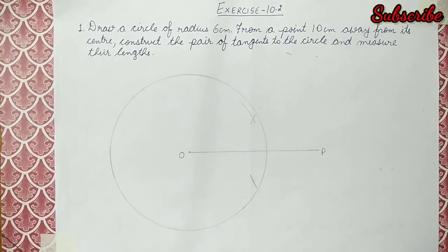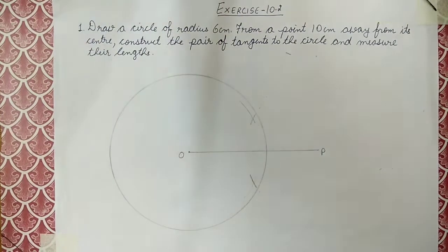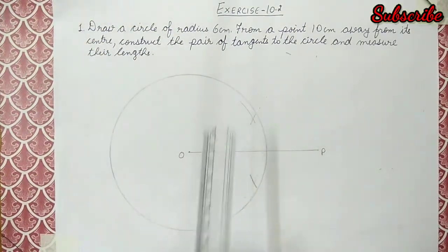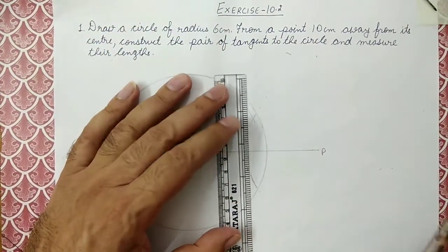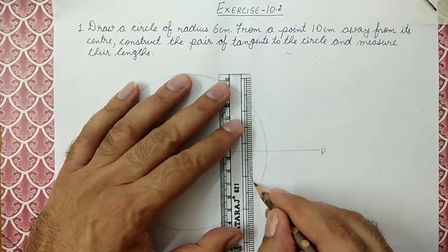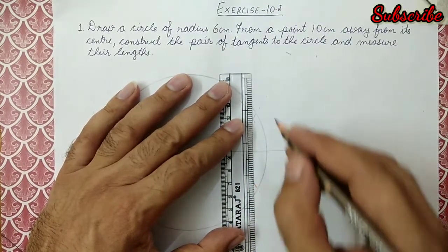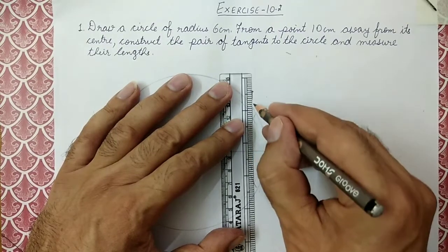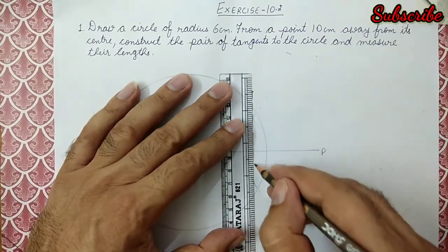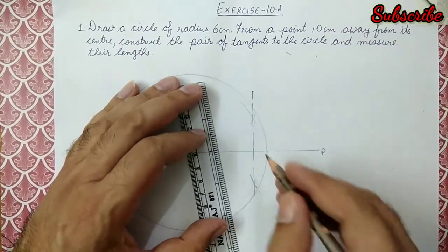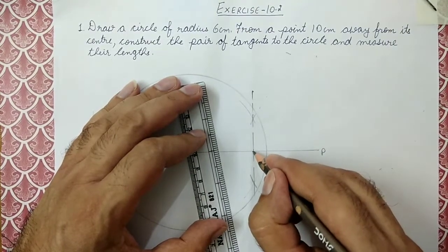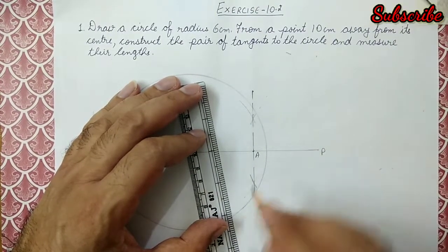Now the next step is we have to draw the perpendicular bisector. We join these 2 points, one here and one here. So we just join them. The main thing is we need this point here. We mark it as A.